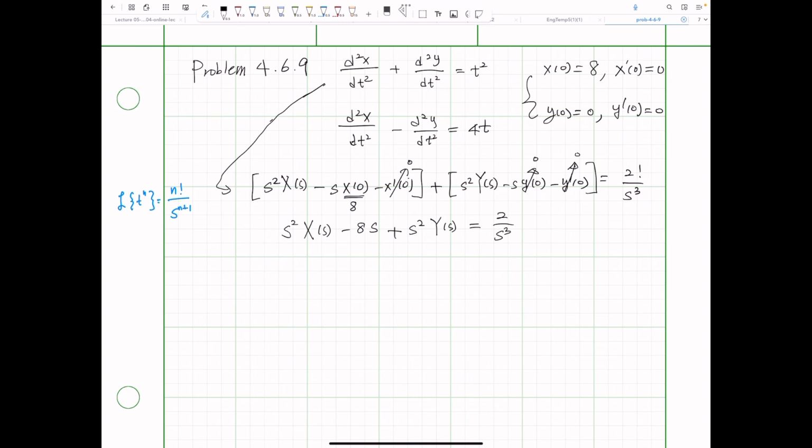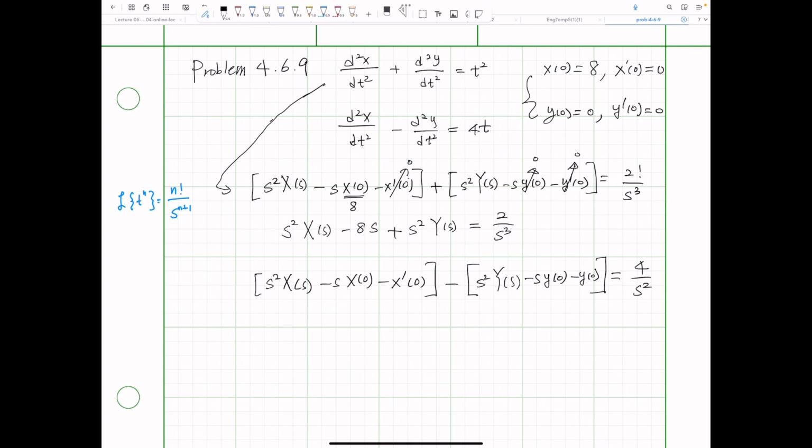And then the second equation, we have the x squared term. So s squared X(s) minus sX(0) minus X'(0) minus, this time, the y squared term, s squared Y(s) minus sY(0) minus Y'(0) equals 4t, which is 4 over s squared.